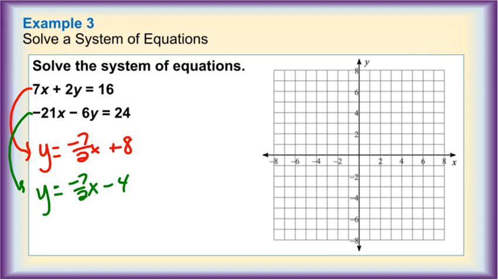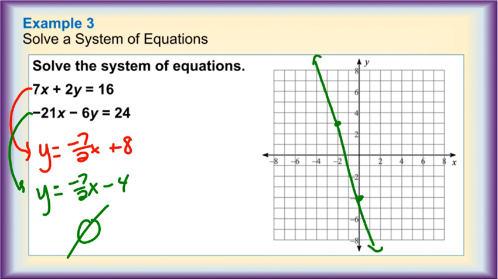The y-intercepts are different. So I know this is no solution, but to graph it, put a point at -4, go up 7, to the left 2. I can draw my line.